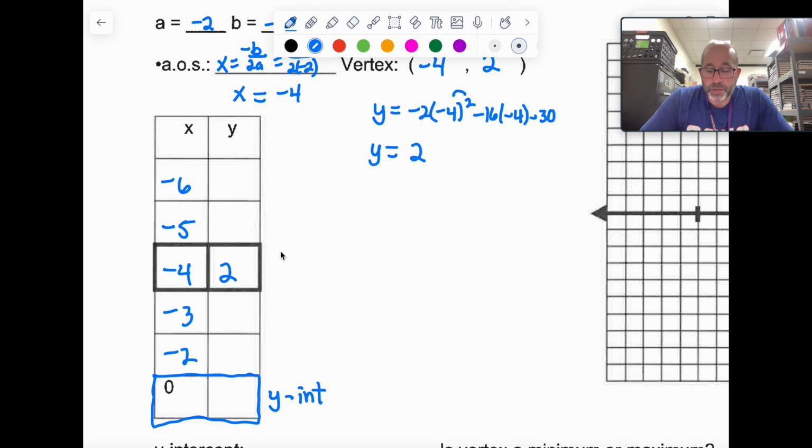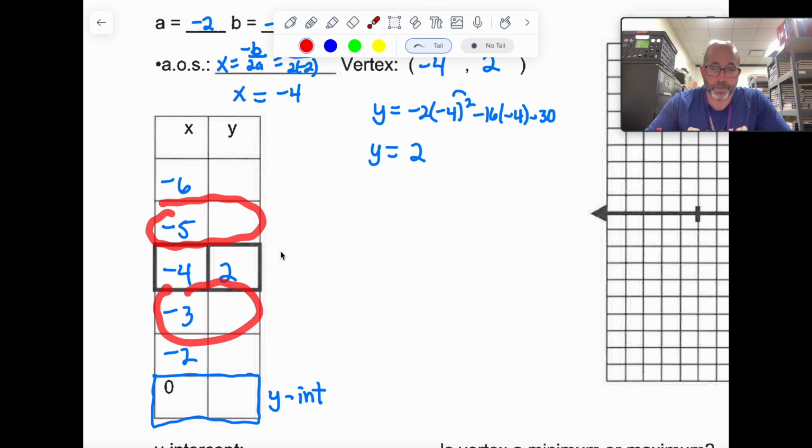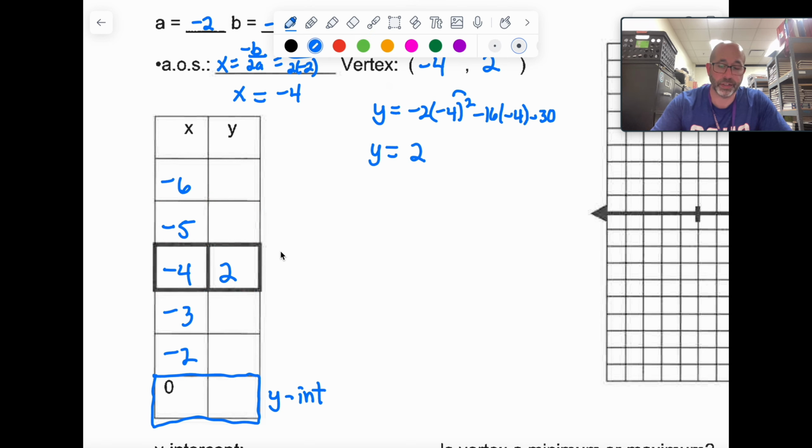So when we substitute in, we only have to do this twice. Remember that there's supposed to be symmetry between the -6 and the -2 here, between the top and the bottom. And then there's going to be another symmetry between this one and this one. Okay, so we only have to do 2 calculations. Let's find when x is equal to -2 first.